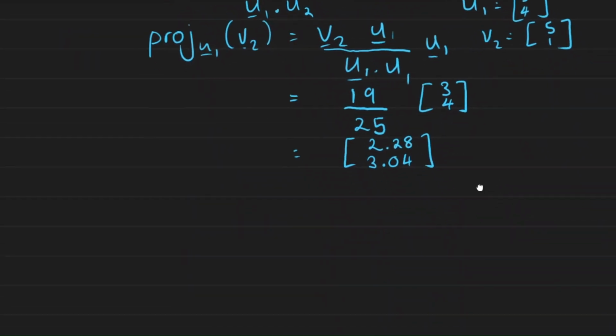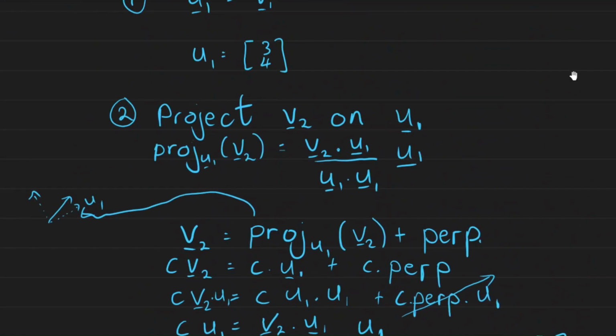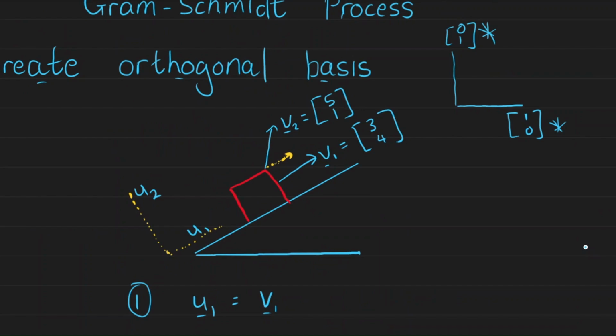And then the final step of this Gram-Schmidt procedure is to determine u2. And how do I get u2? If I go all the way back up here, this was the component of v2 in the direction of u1. So this was the projection of v2 onto u1. So the question is, what is this perpendicular component? Well, all it's going to be is v2 minus this projection of v2 in the direction of u1.